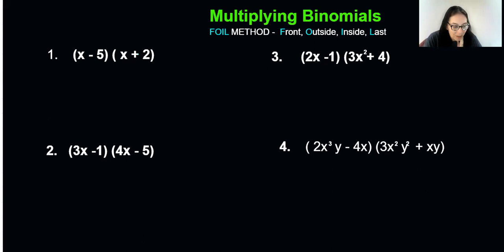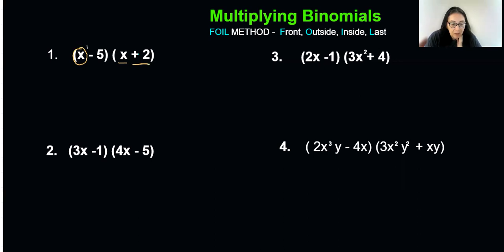Number one, we have x minus 5, that quantity, times the quantity x plus 2. So the first thing I'm going to do is take this x and multiply it by each term in the other parentheses. Remember, when you're multiplying and the variables are the same, you add their exponents.